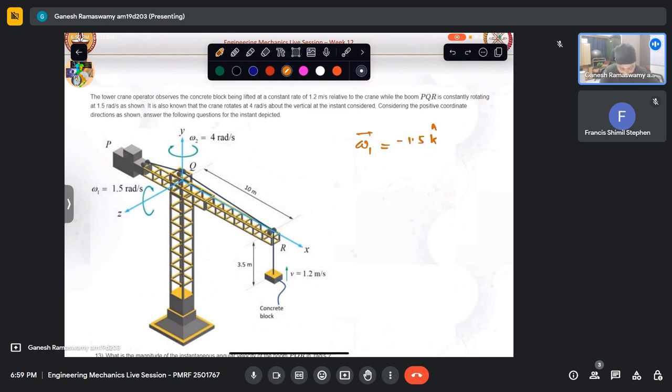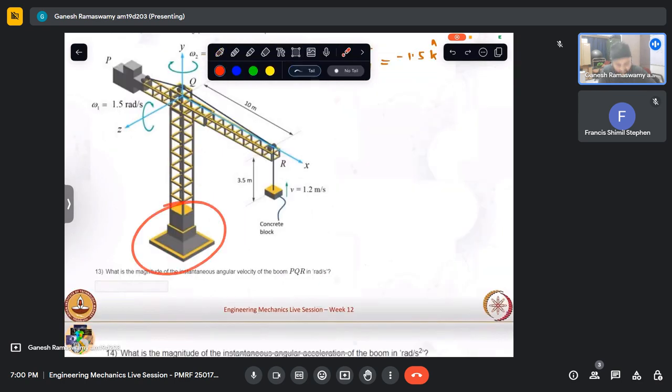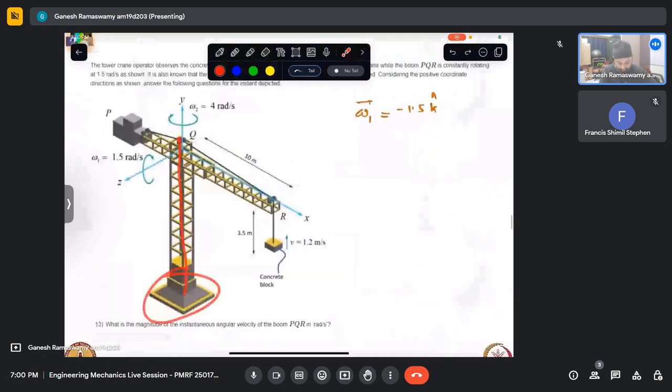It is also known that the crane rotates at 4 radians per second about the vertical at the instant considered. So this rotation is also given. Basically, we have the platform, over which we have a tower. Now this hub rotates about this tower with this angular speed, 4 radians per second. At the same time, the boom is being lifted with this angular velocity.